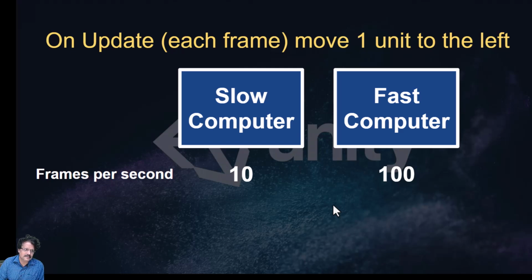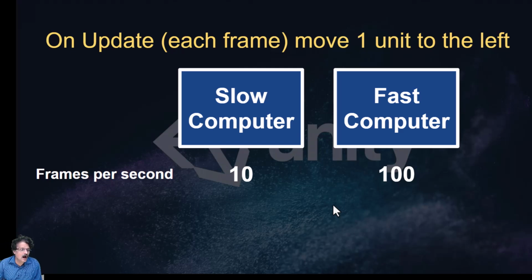Let me give you an example. We have written a script where we want our player to move one unit to the left. This is the command we have written in our Update. Now, on a slow computer running at 10 frames per second, and on a fast computer running at 100 frames per second, in 1 second the slow computer will move 10 units, and the fast computer will move 100 units.